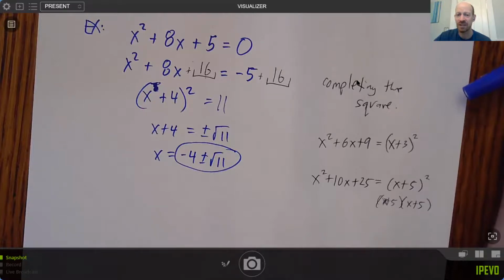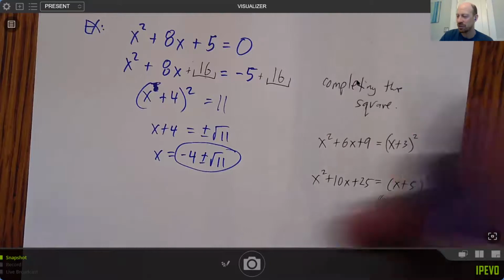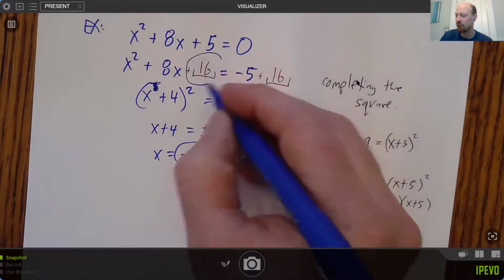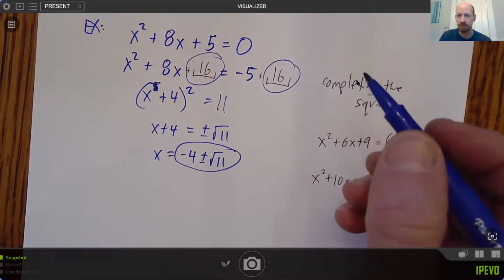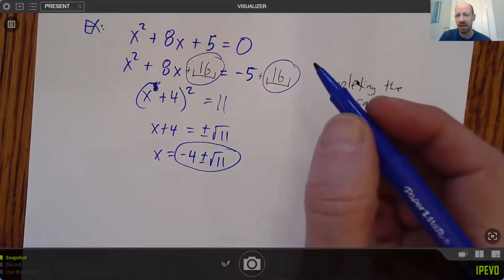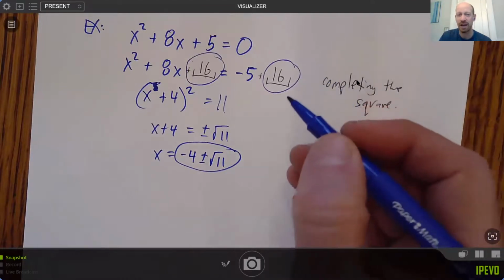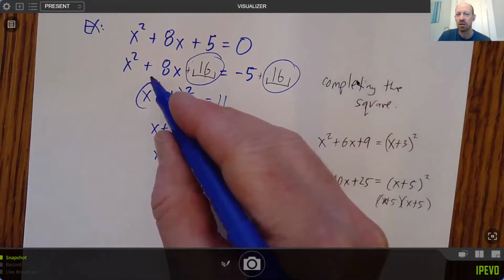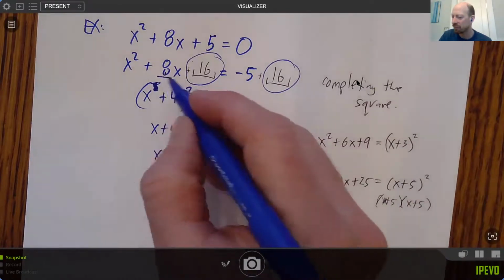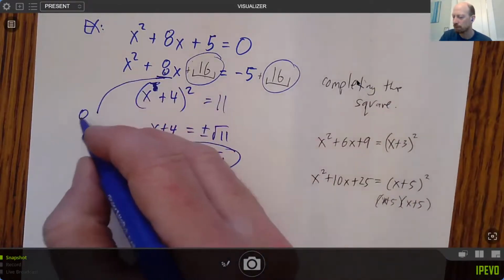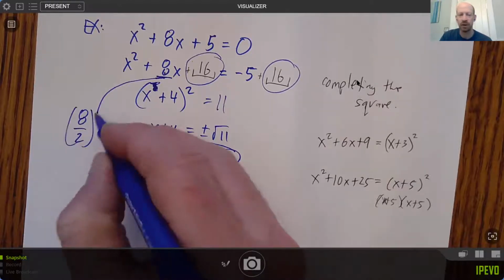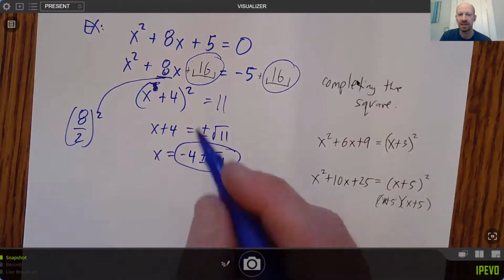But this one is sort of a one-trick pony in that there's really only one tricky part to it, which is figuring out what goes here. And the nice thing is there's really a formula for that. Every time you're going to take half of this coefficient and you're going to square it. That's what goes here.